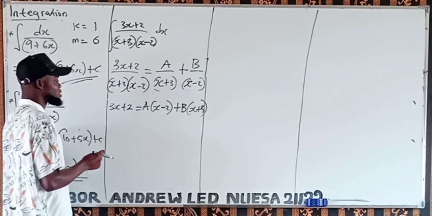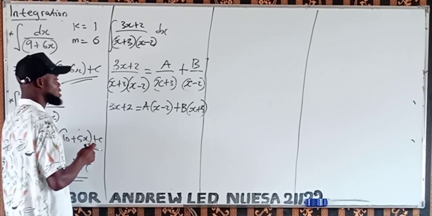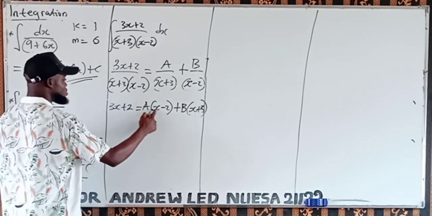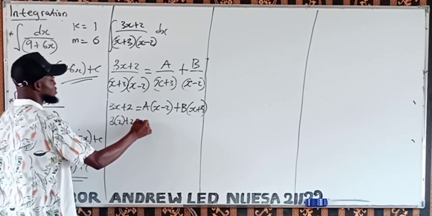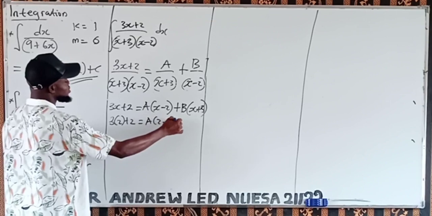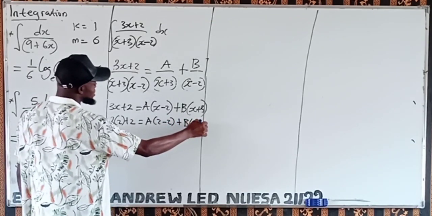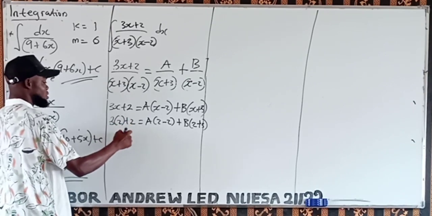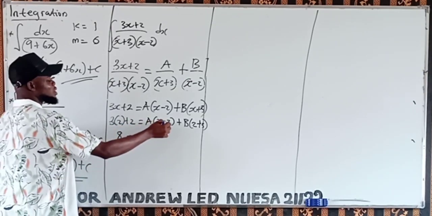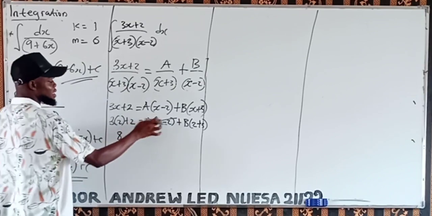So let's see what I have. When S is 2, I'm going to have 3 times 2 plus 2 equals A times (2 minus 2) plus B times (2 plus 3). Then I'm going to have 8 equals, 2 minus 2 is 0, so everything will be 0 because A times 0 is 0.